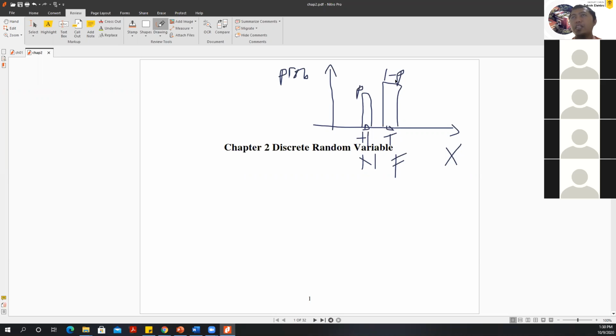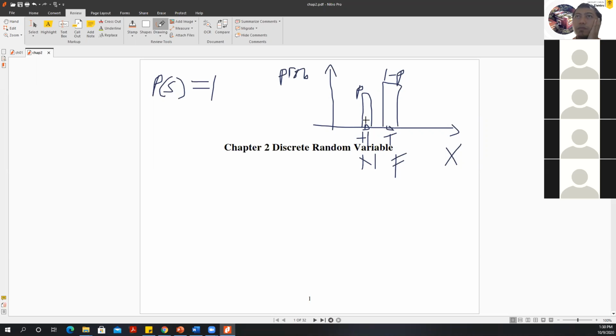Why 1 minus p? Because you remember that the probability of the sample space should be 1, right?